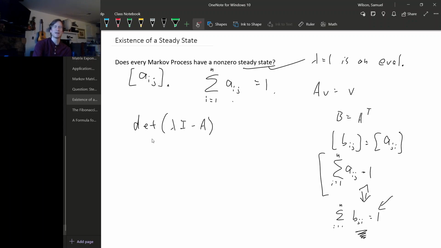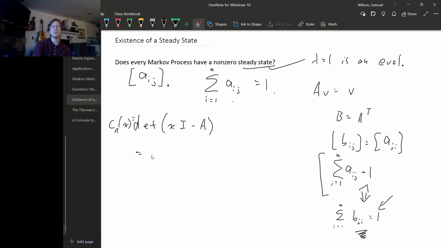Well, here's the characteristic polynomial for A. Maybe I should put x here instead of a lambda for now. Here's the characteristic polynomial for the matrix A. How's this related to the characteristic polynomial of its transpose?